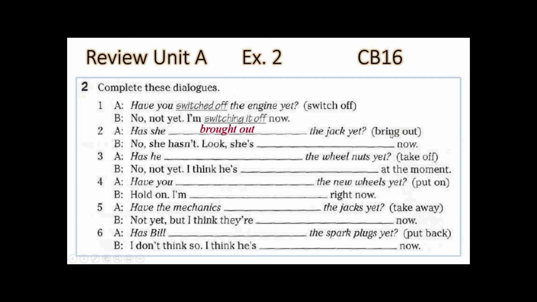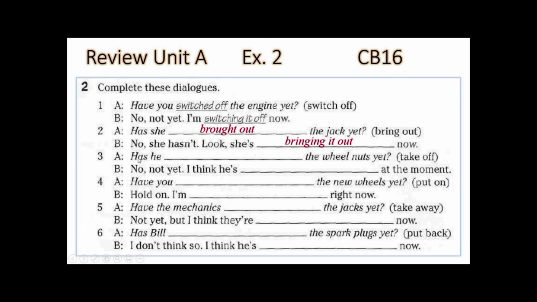So we have: has she brought out the jacket? B. No, she hasn't. Look, she is, space, now. This indicates present continuous. So we need to add ing to the verb: bringing out. But we're talking about the jacket. So we say bringing it out. So no, she hasn't. Look, she is bringing it out now.